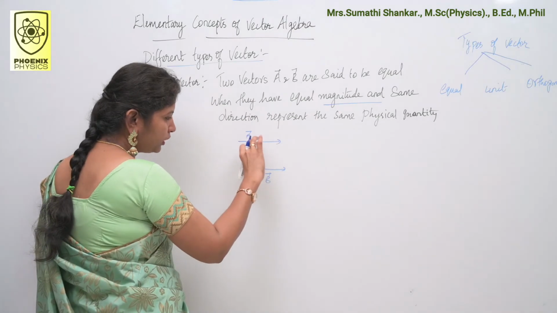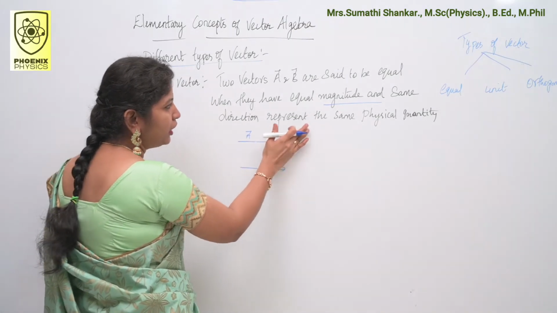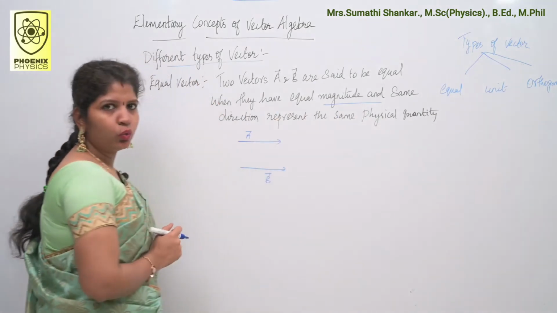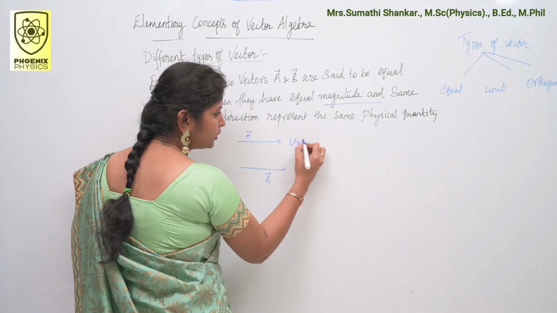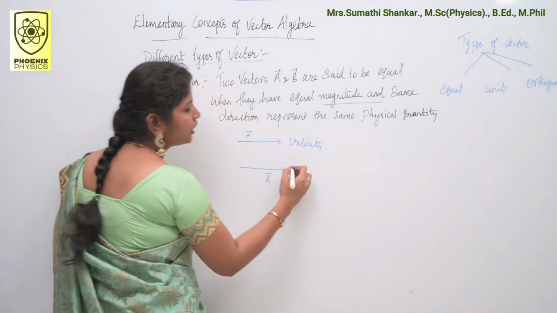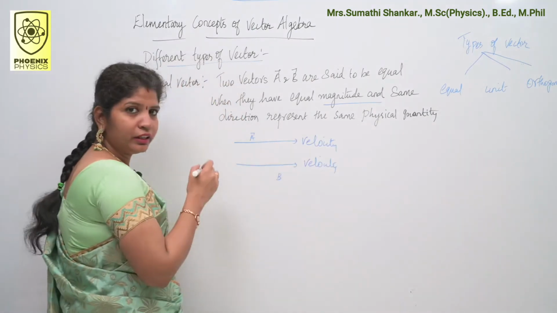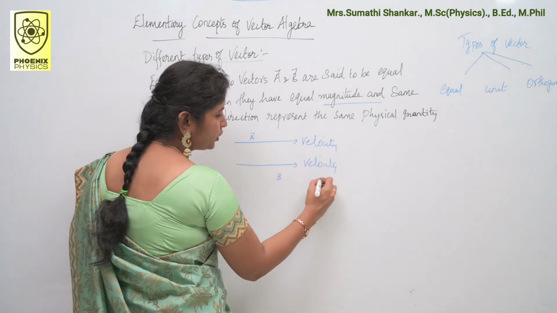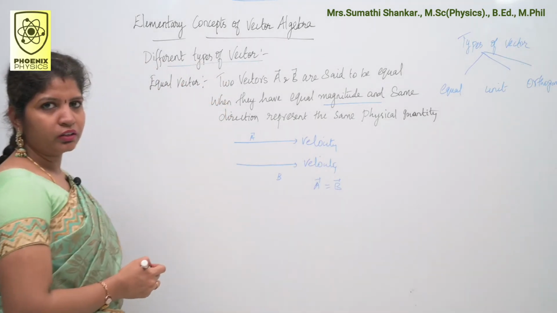So both have equal magnitude and the same direction, and represent the same physical quantity. Suppose this vector represents velocity, then the B vector should also represent velocity. So how do you write the equal vector? A is equal to B.